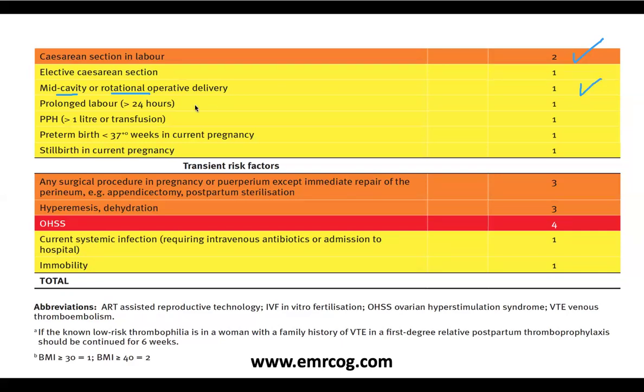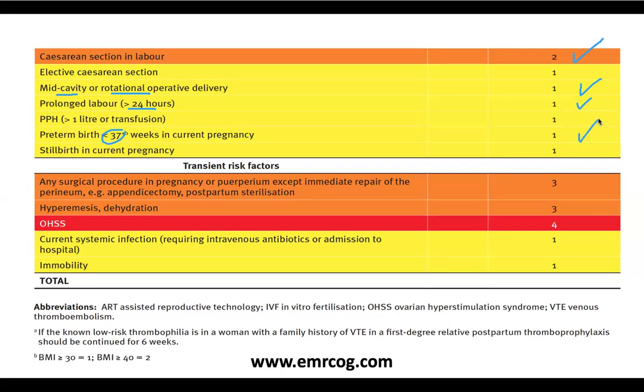A woman had prolonged labor, more than 24 hours, like a case of induction that was prolonged and ended by emergency cesarean section. Okay, so it's 1. Preterm, less than 37 weeks in the current pregnancy: after her delivery, score her 1.